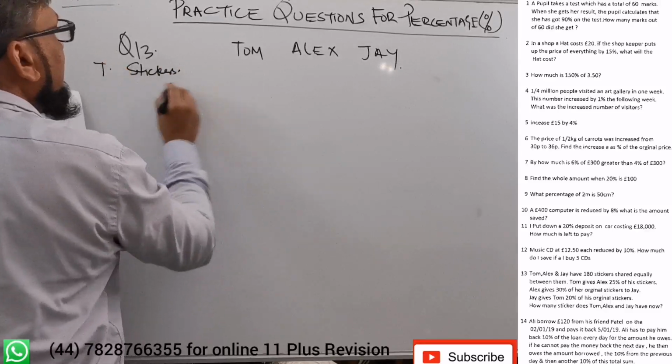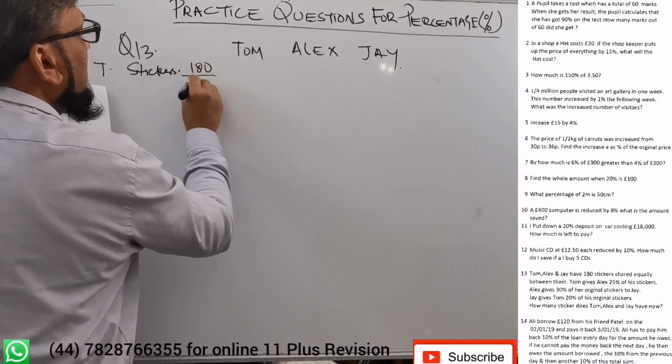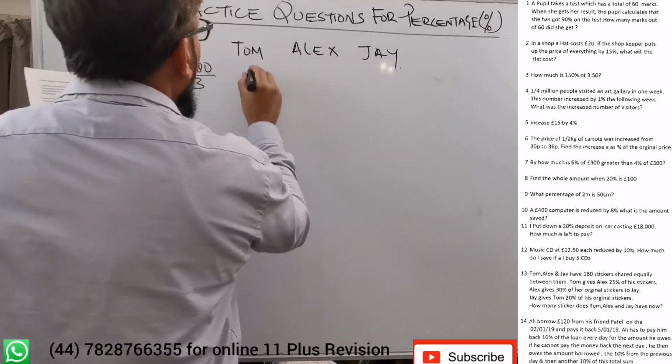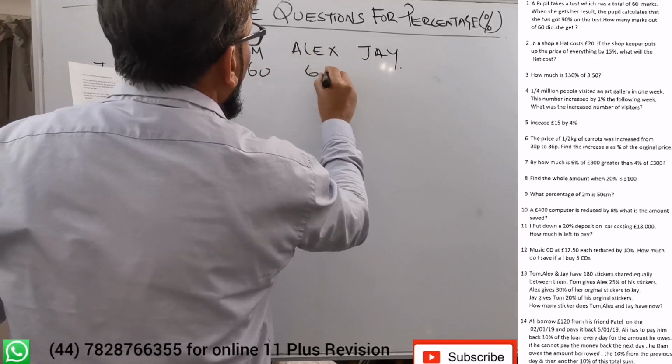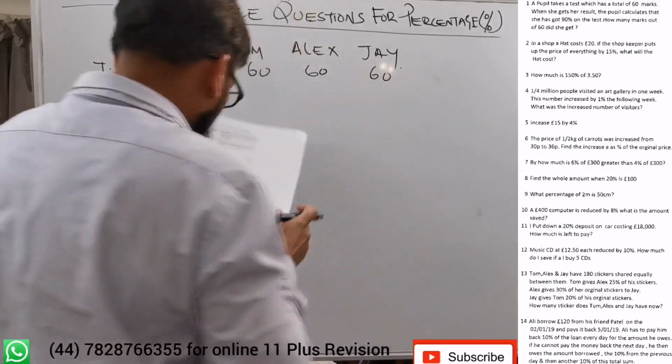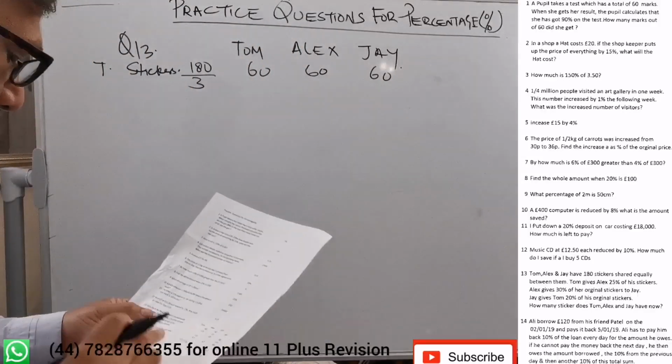So total stickers 180, divided by 3, Tom, Alex and Jay, so it means 60 each.